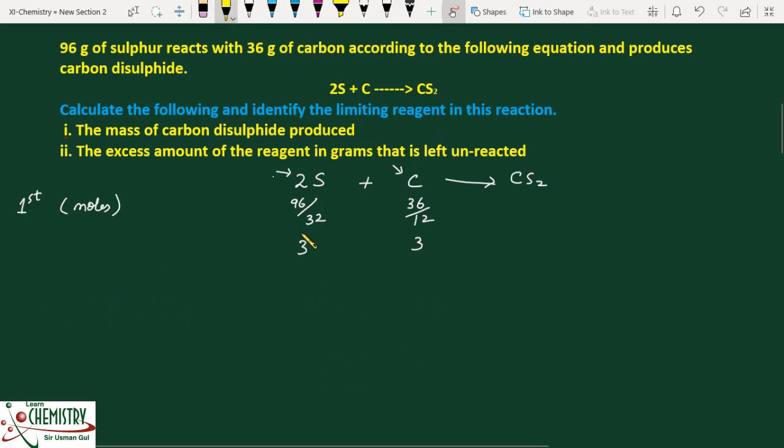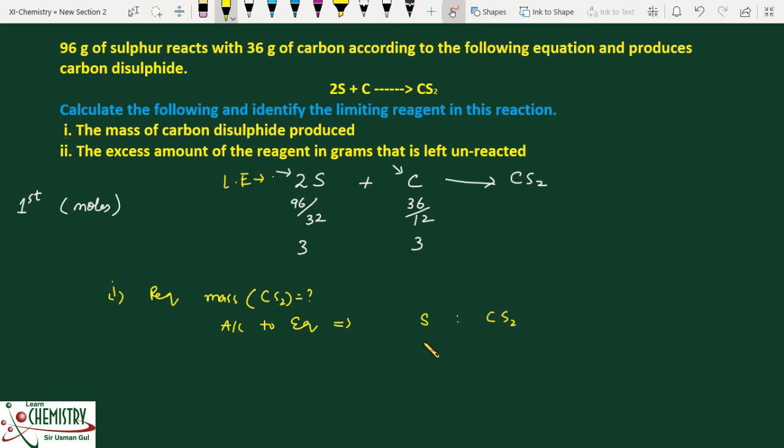Okay, so for the first part, remember that sulfur is the limiting reactant. So we will do the calculation with the help of the moles of sulfur. All the calculation will be done by the mole of sulfur only. First we have to calculate our requirement, that is the mass of carbon disulfide. So according to the equation, I will use the mole ratio of sulfur with carbon disulfide.